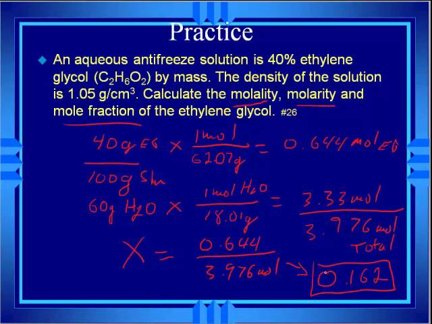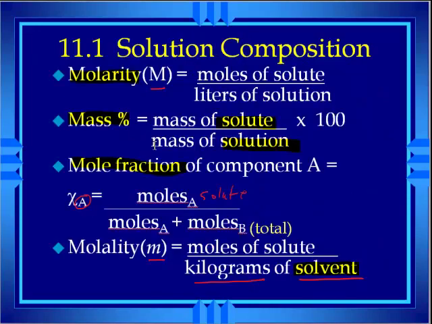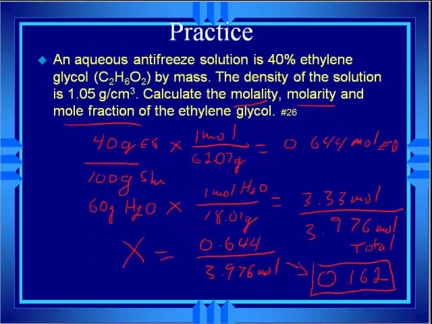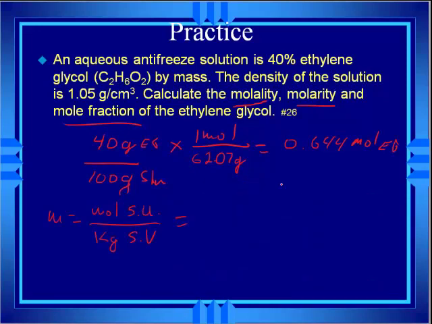So I've got my mole fraction. Now what I'm going to do next is my molality, and here's the reason why. In molality, I need the moles of solute, which I've already calculated, and I need to find my kilograms of solvent. So I'm going to go to the next slide and erase, and then we'll do the next part. I'm going to take my moles of solute, 0.644 moles, and divide it by the kilograms of solvent.